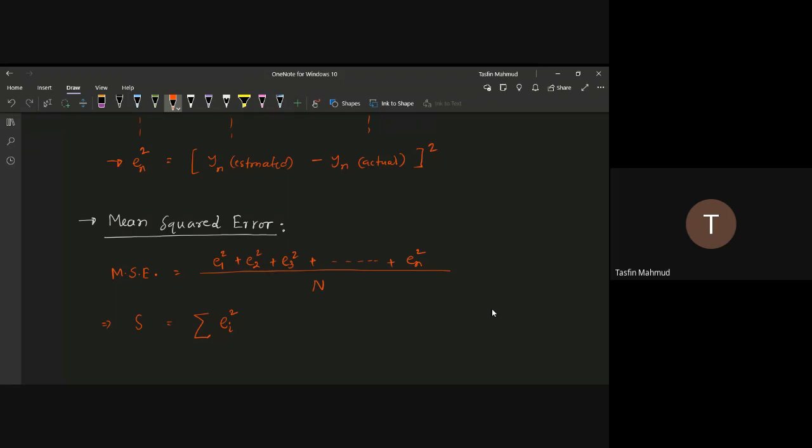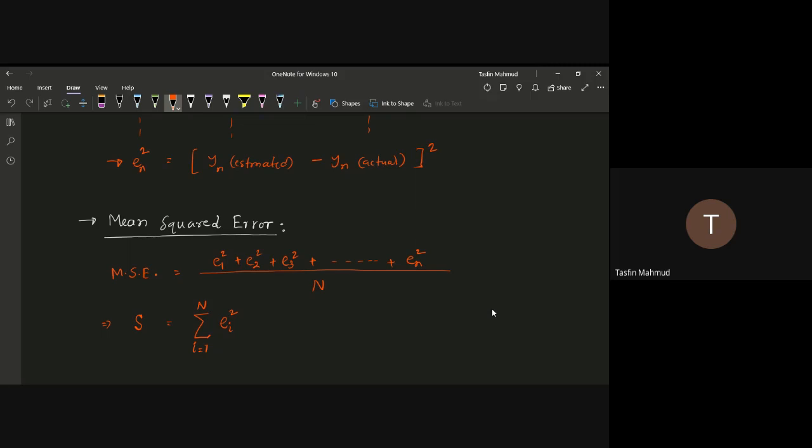So what we have to do is consider all the errors and sum them from i to n. So this is the sum of all the squared errors.